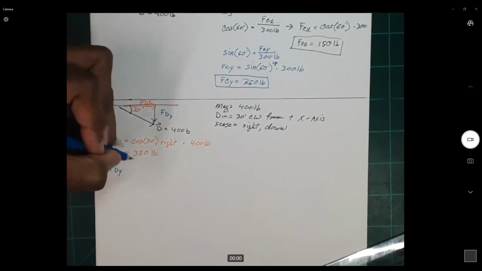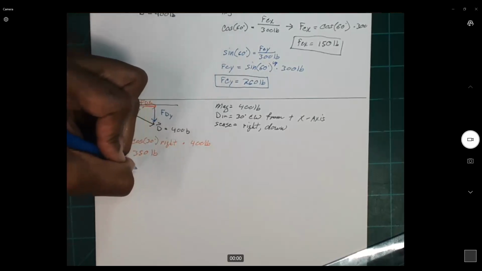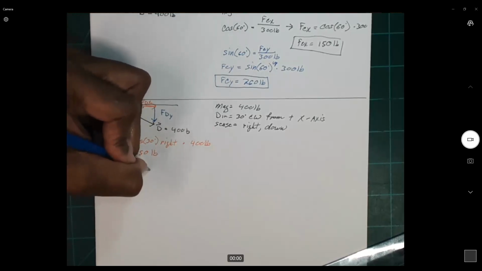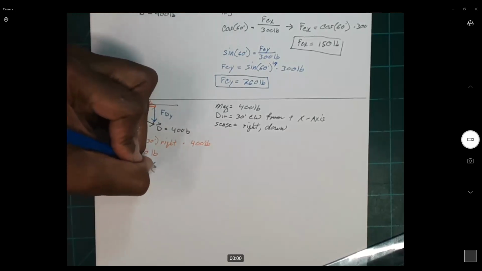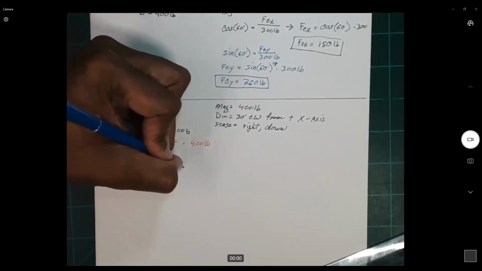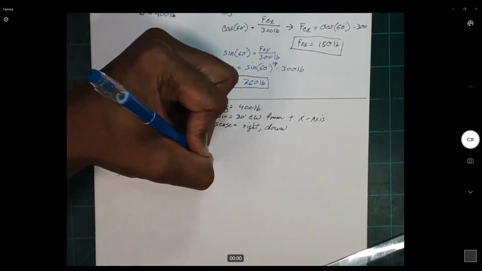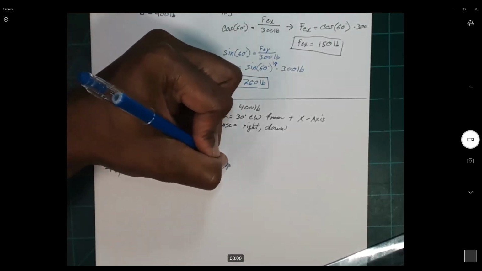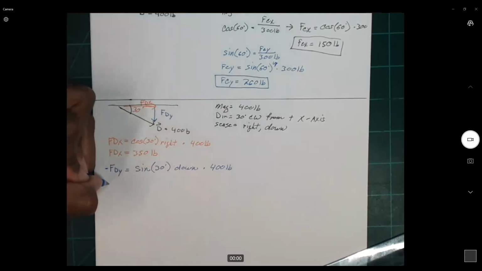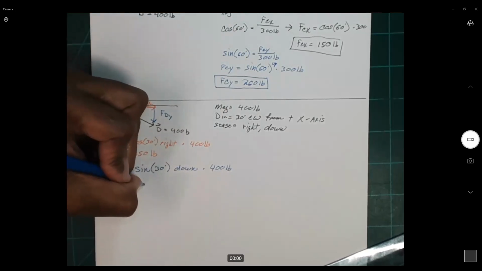So negative force dy equals sine 30 degrees down times 400 pounds. All right, and F dy equals negative 200 pounds.